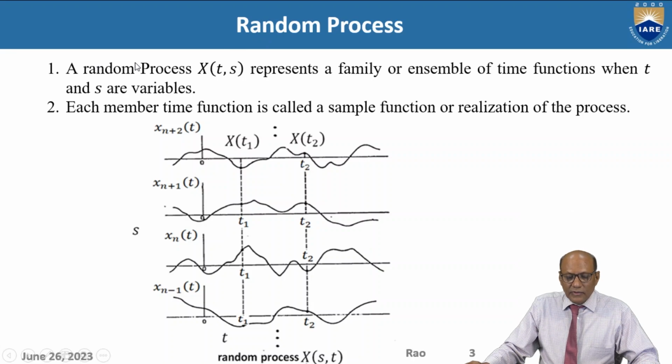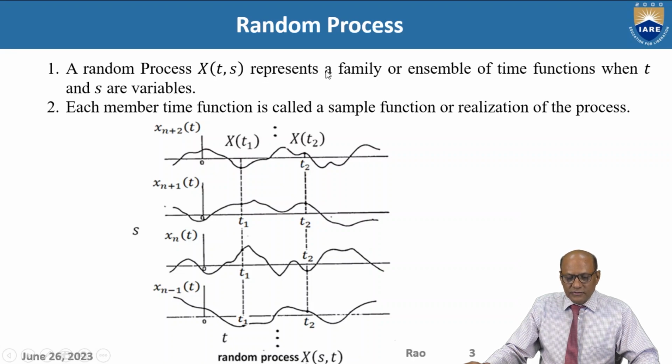So this is a random process, basically a parent process, capital X, as a function of time and space. Generally we say time and space variables.